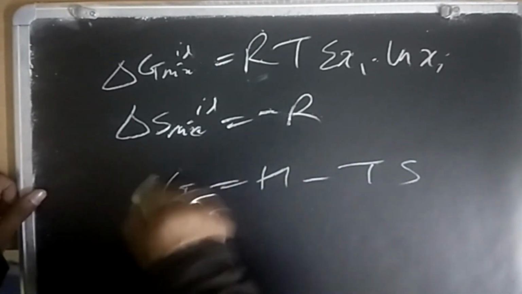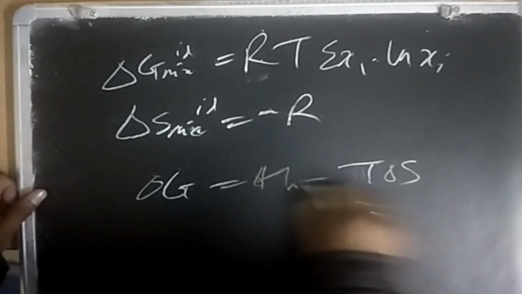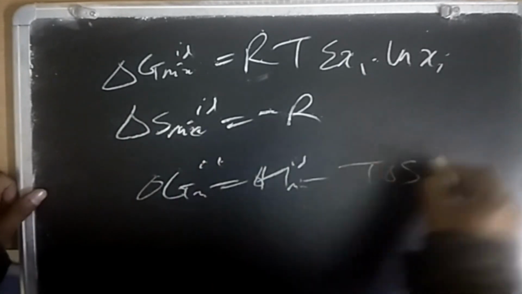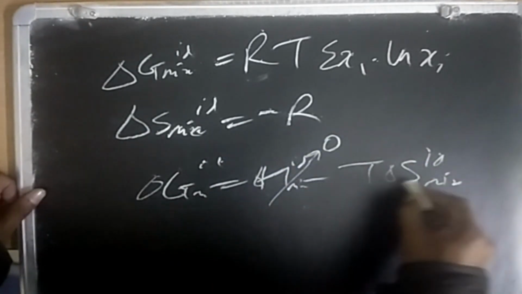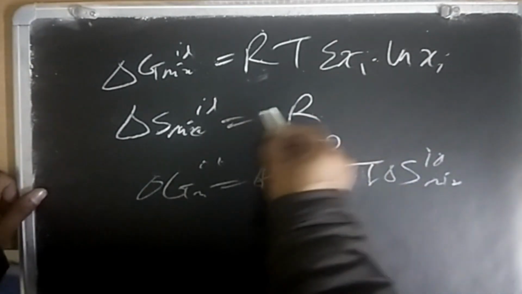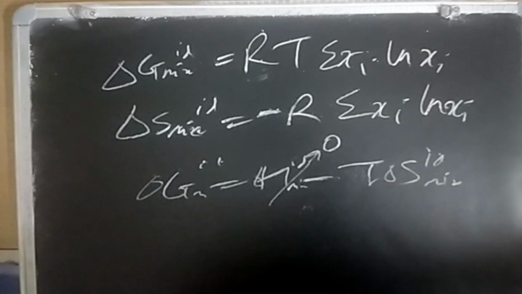So now all delta, delta here, mix. If I put ideal, we know delta H mix ideal is 0. So in that case, remove the T, add a minus, and that is delta S mix. Okay, so these two we get.